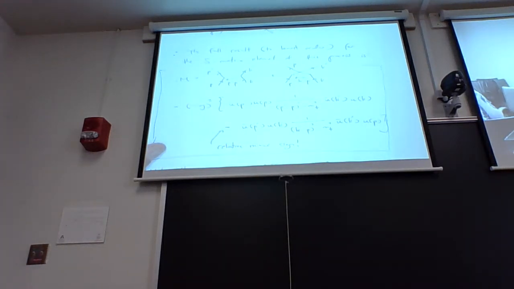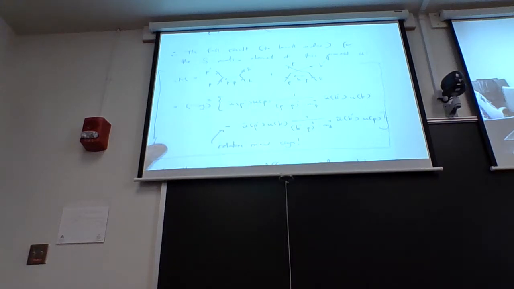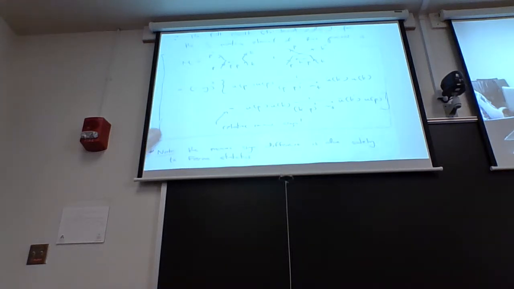You could do your prescription in a different way where the other diagram would get the relative minus sign. It doesn't matter, because in the end it's the modulus squared. The main point is you just want there to be the relative minus sign. And as we've seen, this minus sign difference is due solely to Fermi statistics, because the fermion fields anticommute.